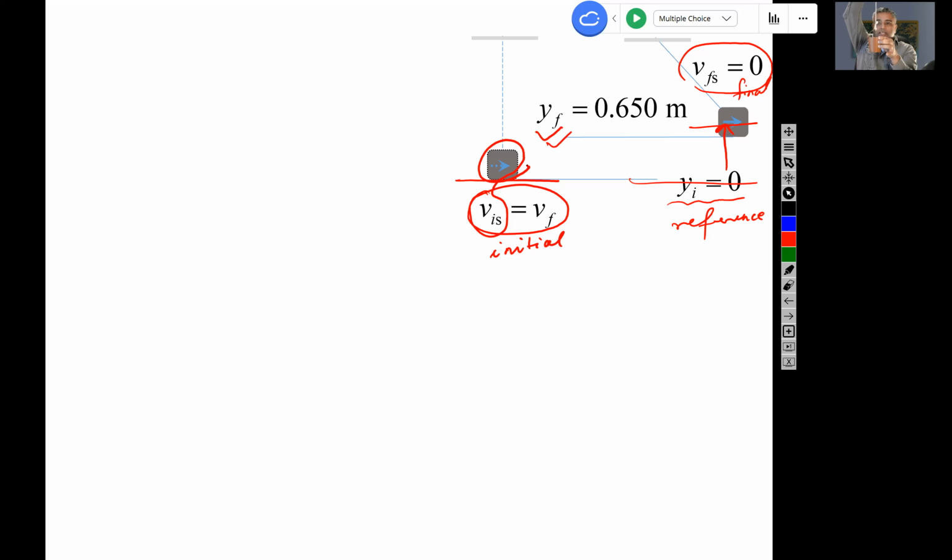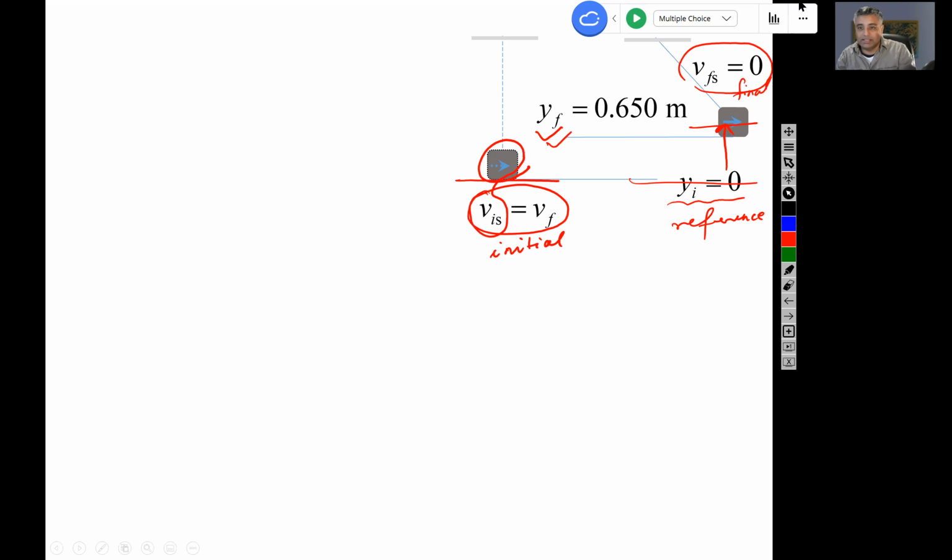So for the swinging motion, with what speed does it start? Whatever speed it came out with after the collision. So that's why they are the same.